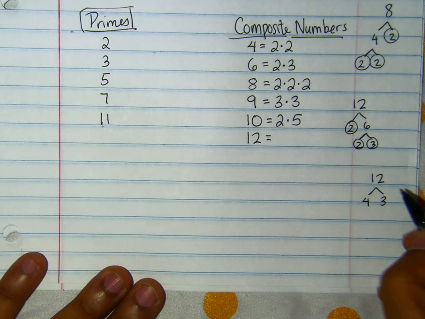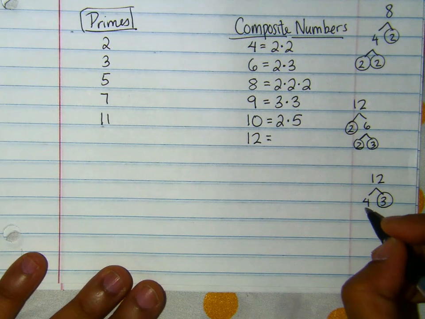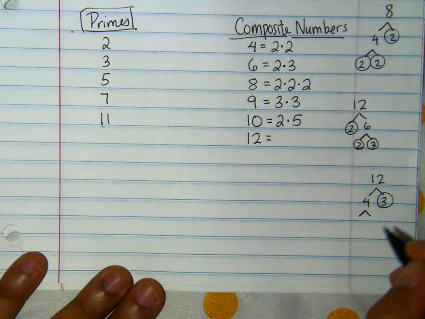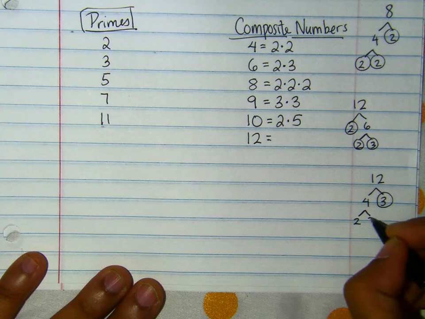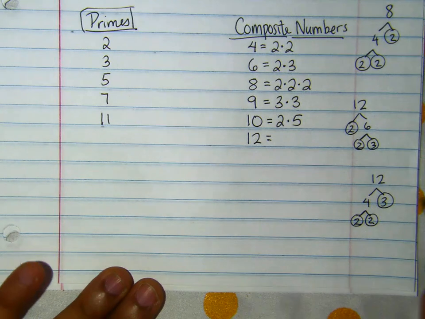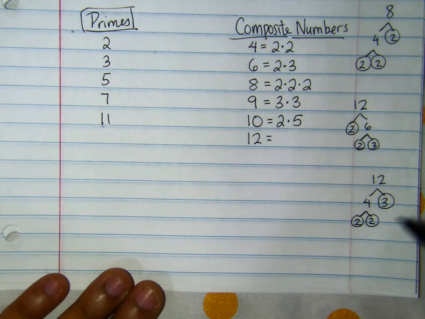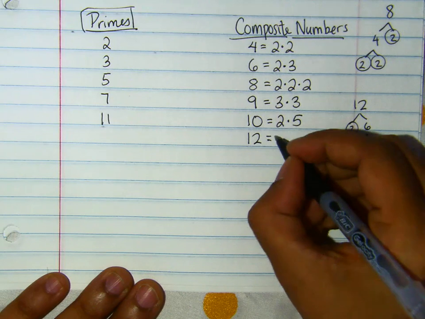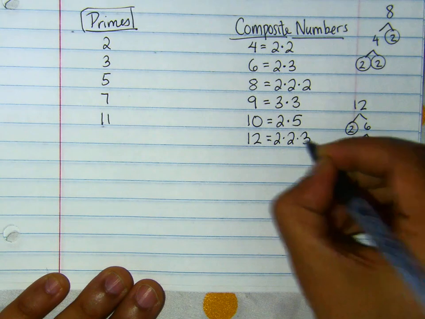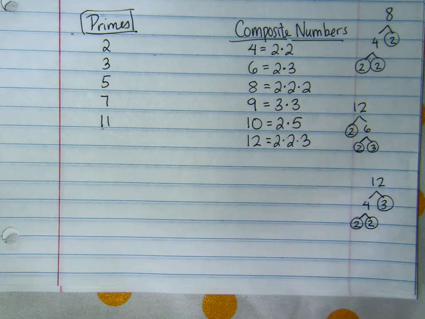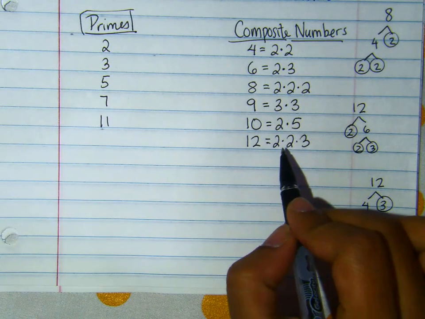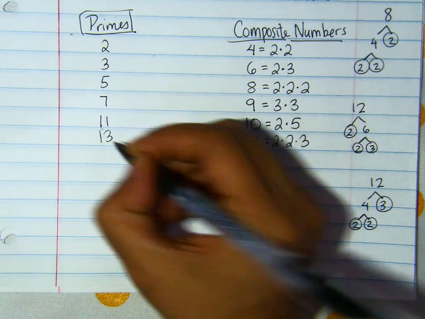And then I say, okay, I know 3 is prime. And then 4 is a product of 2 and 2. And 2 is prime, so I circle both of those. And in both of these cases, you'll see that you end up with 2 times 2 times 3 gives me 12. And then 13 is prime.